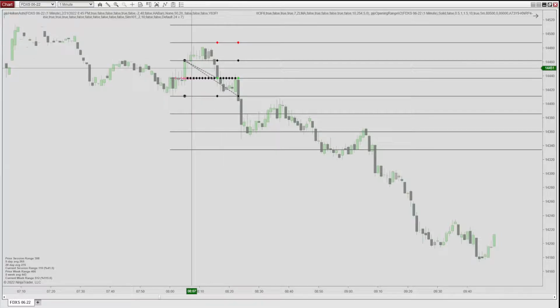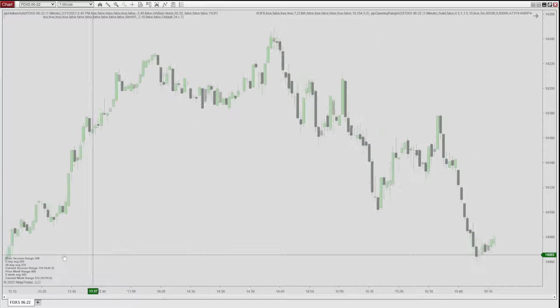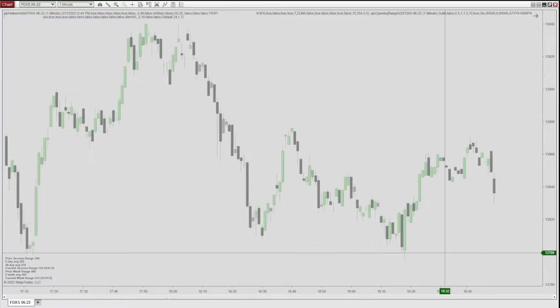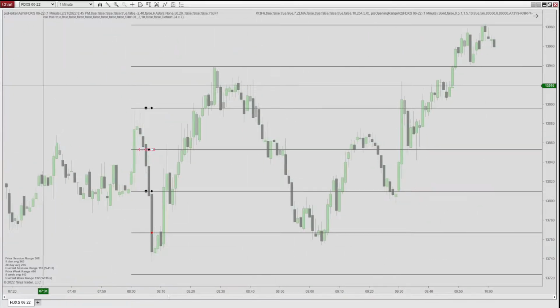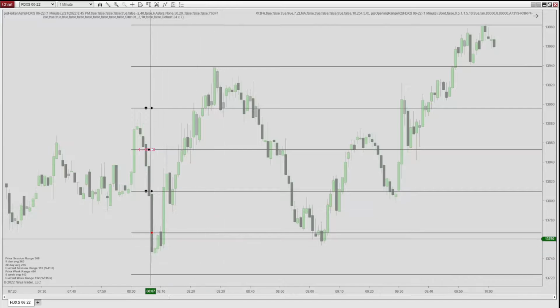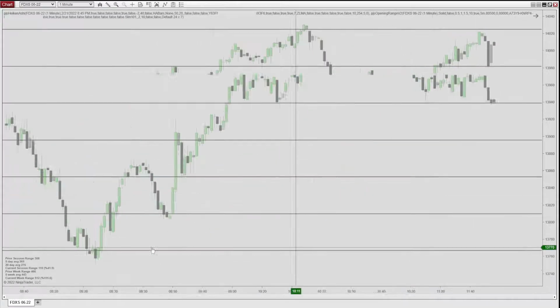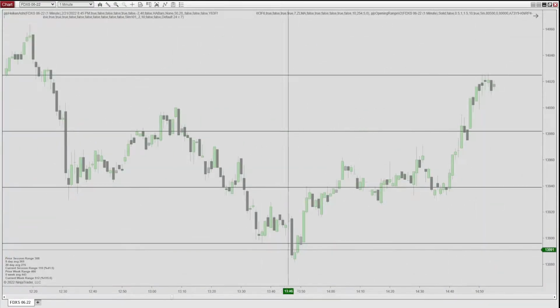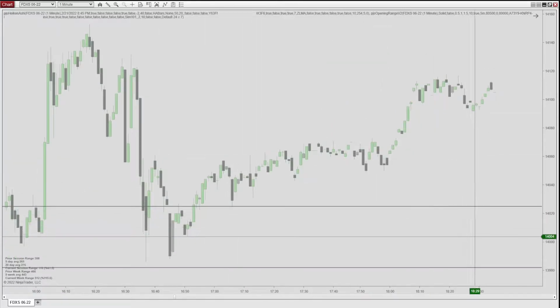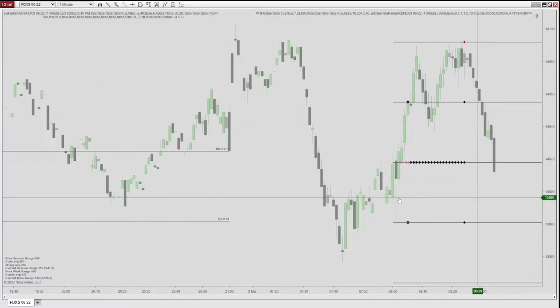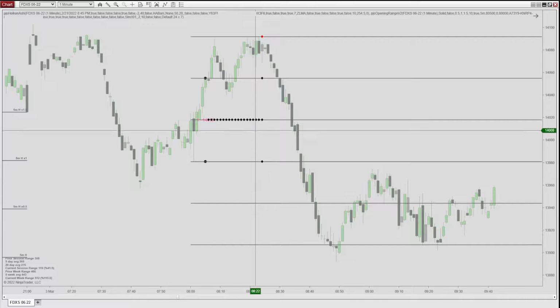This one works. Both targets hit. This one we're stopped out straight away.